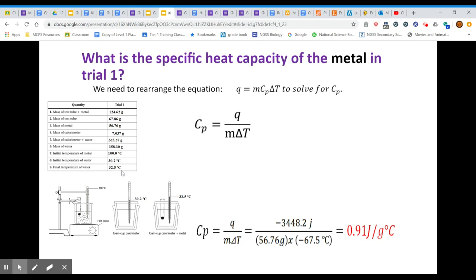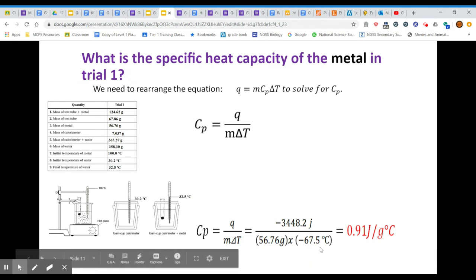We remember we take into account that the final temperature of the metal was the same as the final temperature of the water, assuming that they both reach thermodynamic equilibrium. That's how we got 67.5. So it is basically 32.5 minus 100 degrees Celsius.